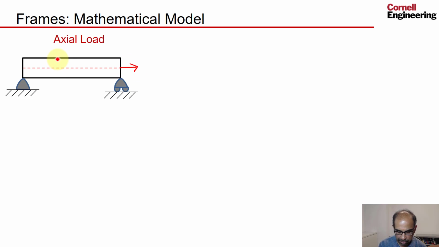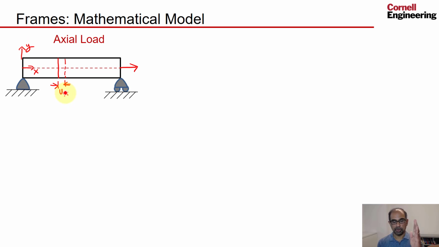And then if I look at a cross section like that, it's going to move as a whole. That's an assumption. And it's going to move to the right. So let's say that's where the cross section gets displaced. And that distance, I'll call that u sub x. So I have to put a coordinate system. This is the usual. That's x, that's y.